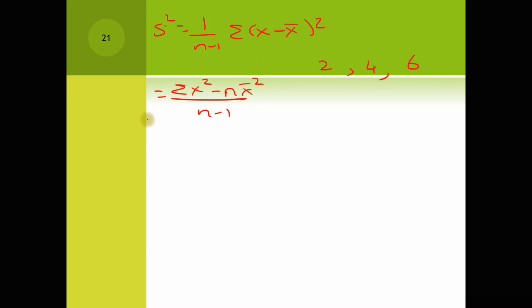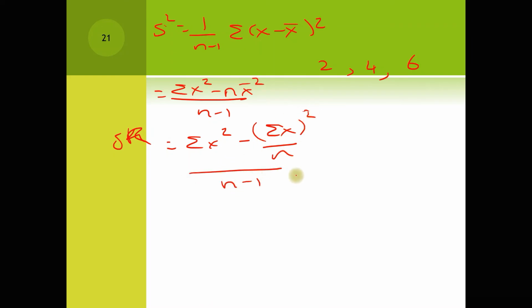Or you can use this one as well: sum of x squared minus sum of x to the squared over n, and the whole thing you divide by n minus 1.